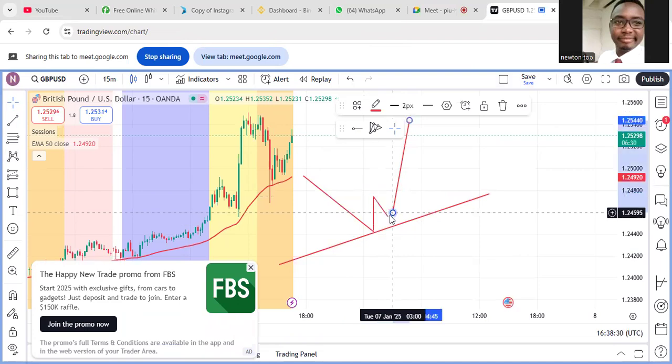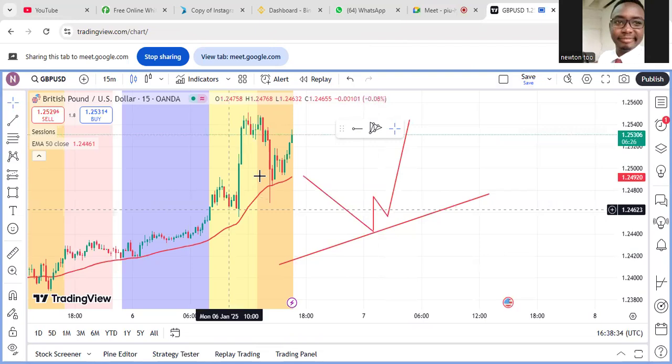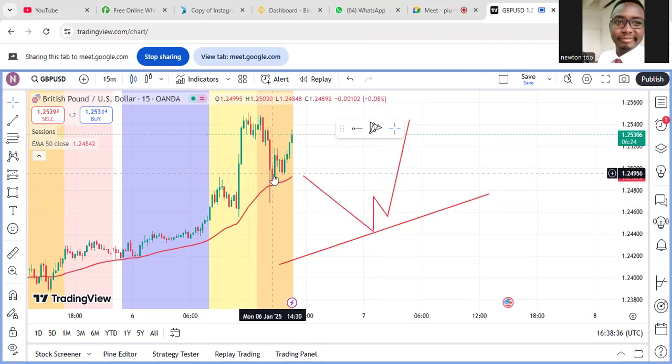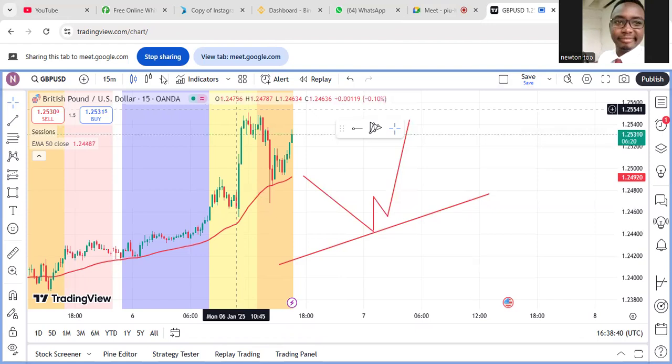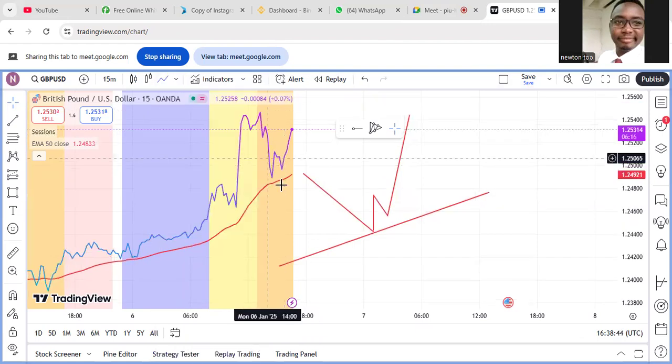See? So this one is the same as this one. You can see here we had a bounce, then the second leg here. I don't know if it's clear on a line chart. See how it's clear? Good.